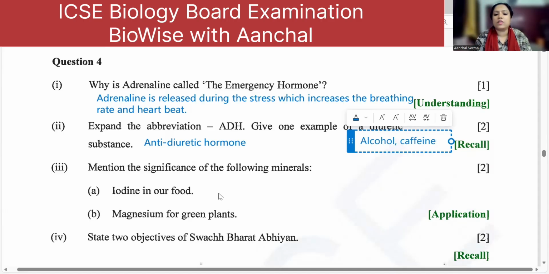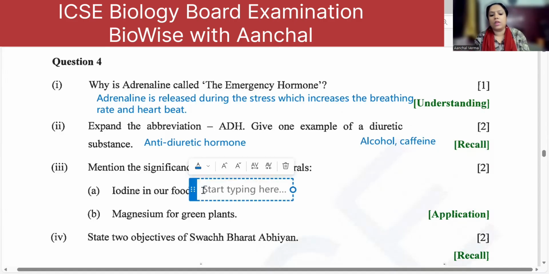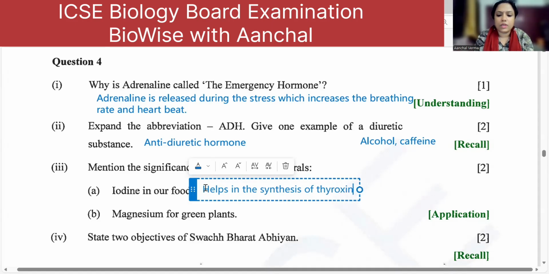Mention the significance of the following minerals in our food. Iodine helps in the synthesis of, who can tell me? Synthesis of what? Synthesis of thyroxine hormone. Thyroxine needs iodine.